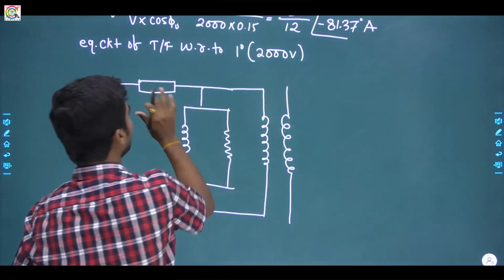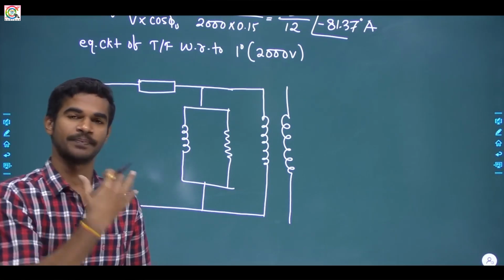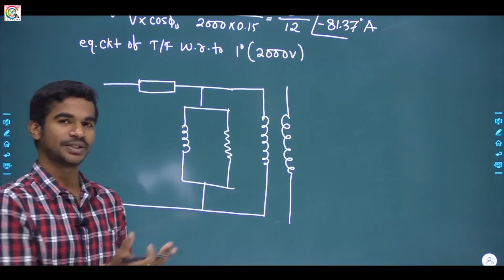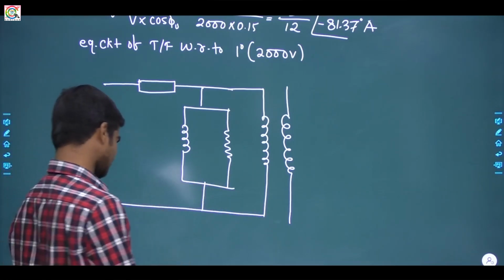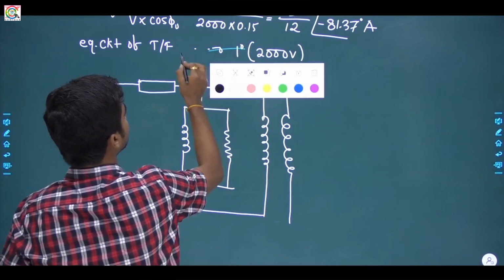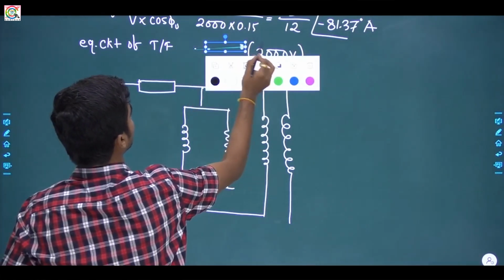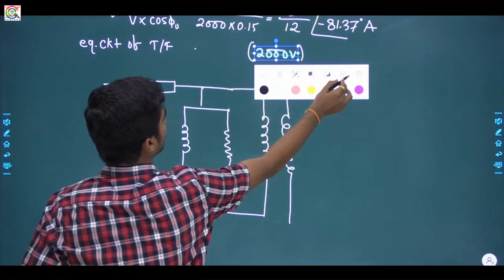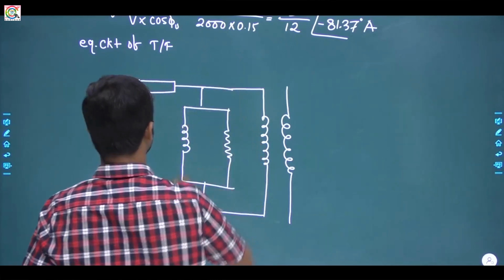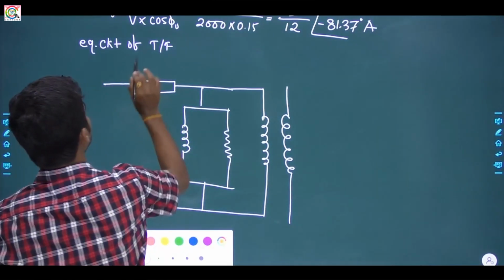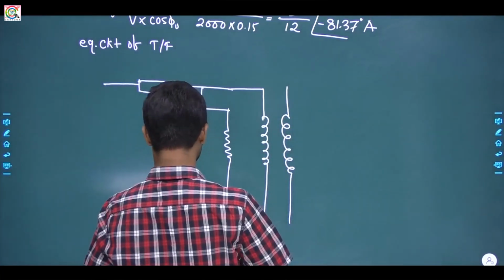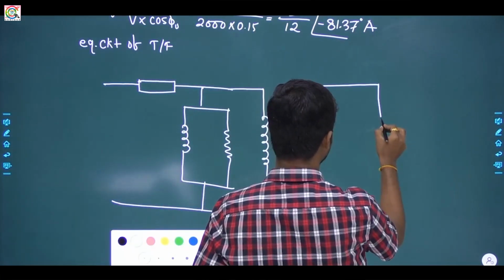First of all, let me draw the transformer model. Then we'll convert the entire circuit with respect to primary. First, let's remove this, not with respect to primary, just the equivalent circuit of the transformer.